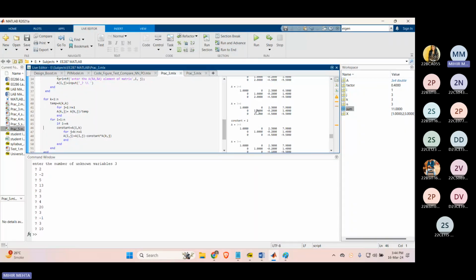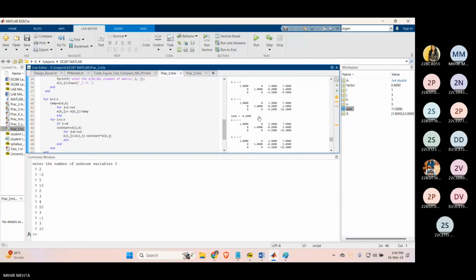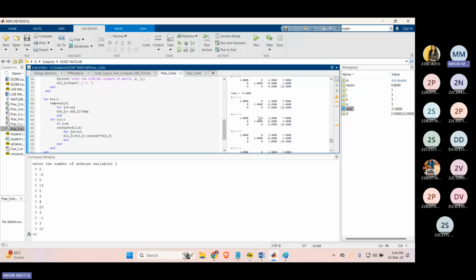When you solve this thoroughly, what you'll finally see is 3 zeros here, all the principal diagonal elements turned out to be 1, and similarly you will see zeros above and below the principal diagonal.